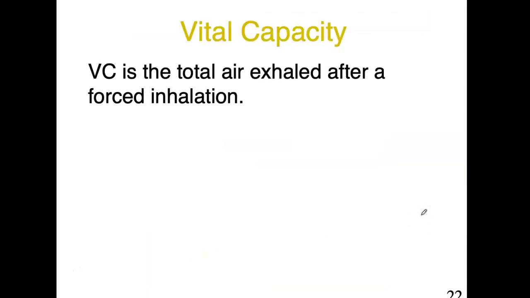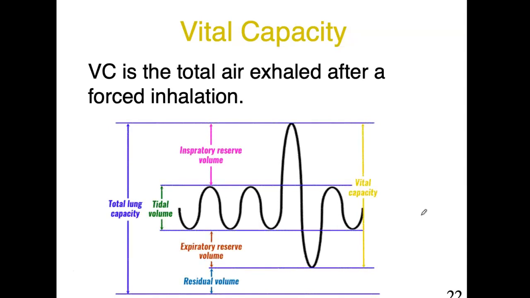So defined here, vital capacity is the total air exhaled after forced inhalation. So you've taken in your maximum inhale, and then you go all the way down to the maximum exhaled. And that is your vital capacity.